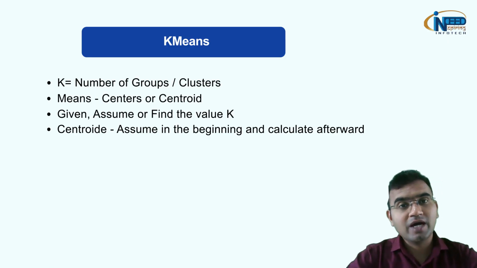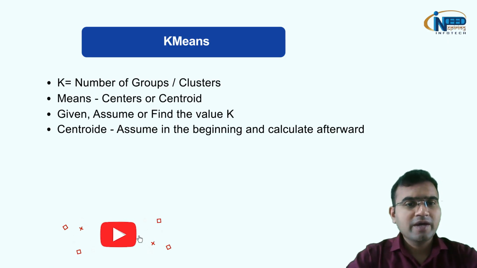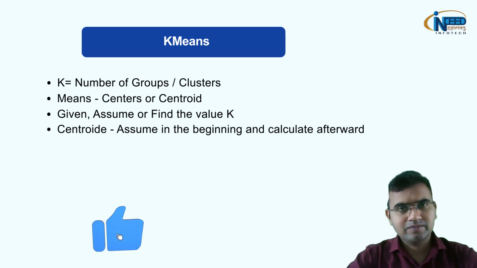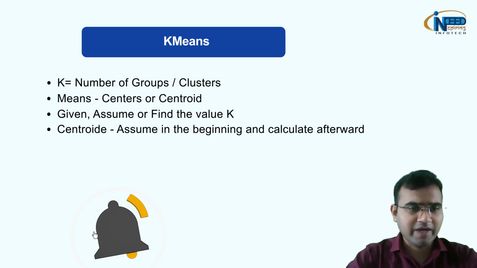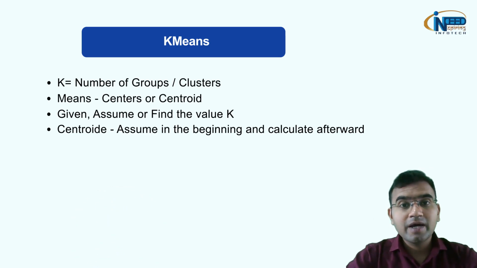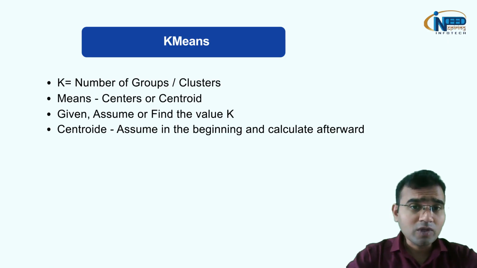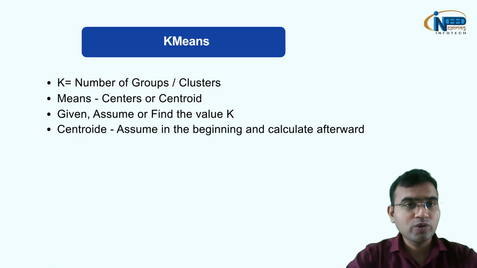So normally how do we start with the k-means algorithm? We start by assuming the value of k. But after that, we need to find the centroids. So let's say if I identify the value of k as 2, in that case, I need to identify two center values.